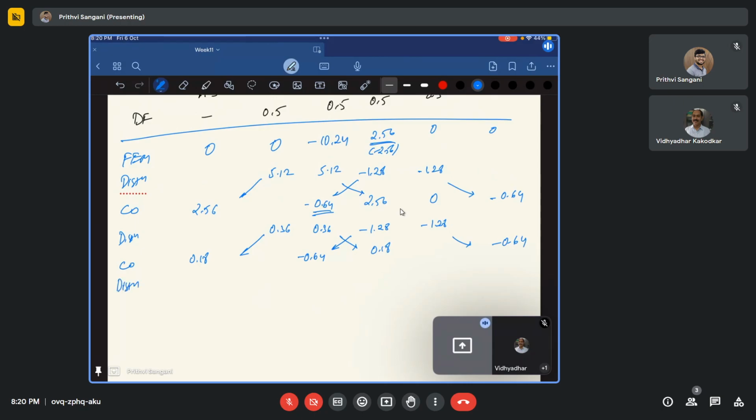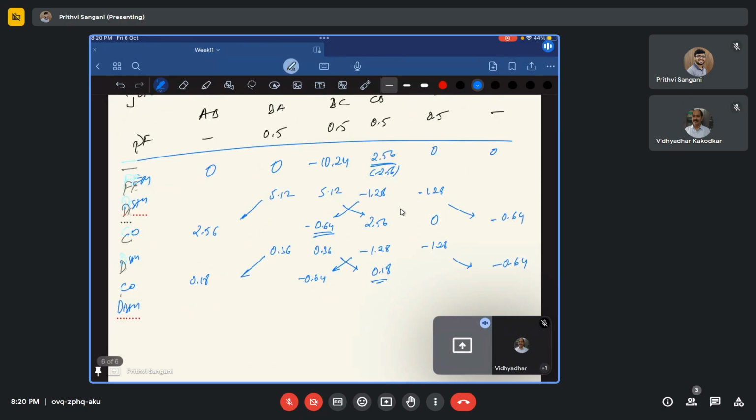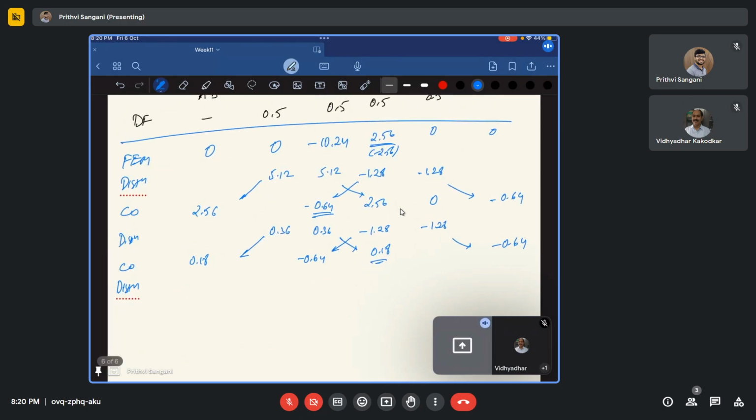So now again the net moment at joint C, let me iterate. Sorry, this is 0.32, so this is 0.16. That's it.